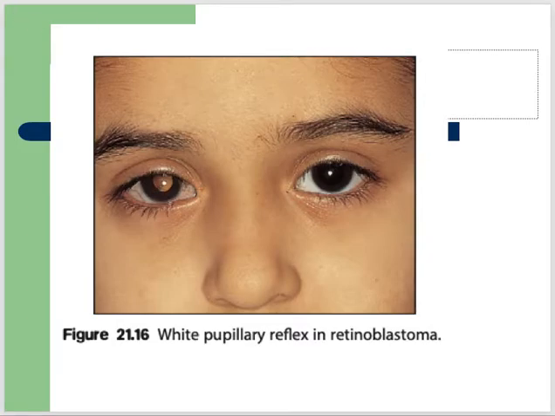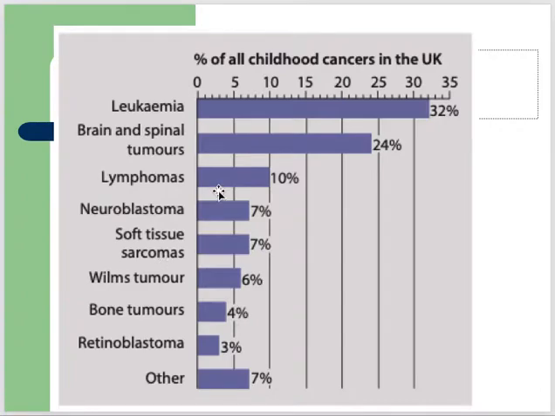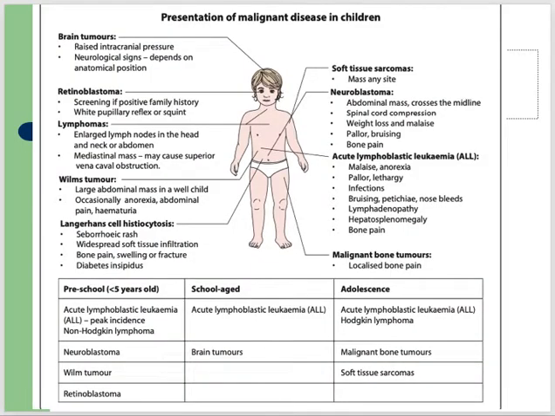Now, other than that, you can see over here lymphomas, right? I told you about the incidence of lymphomas: third most common. When it comes to lymphomas, they present with large lymph nodes in the head and neck, abdomen, and a mediastinal mass which may cause superior vena cava obstruction.